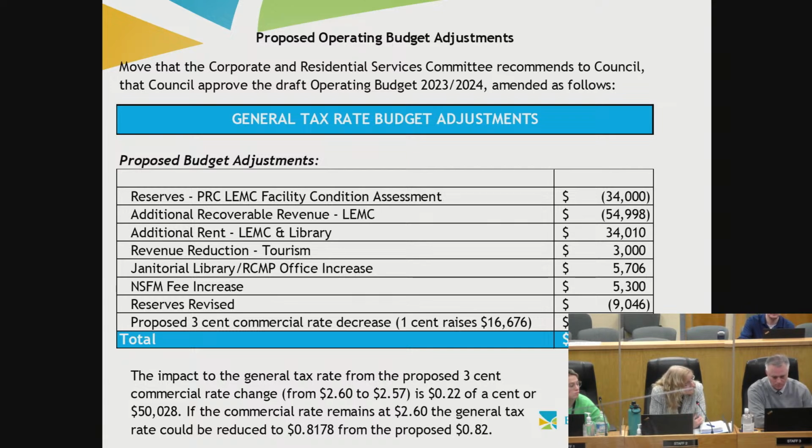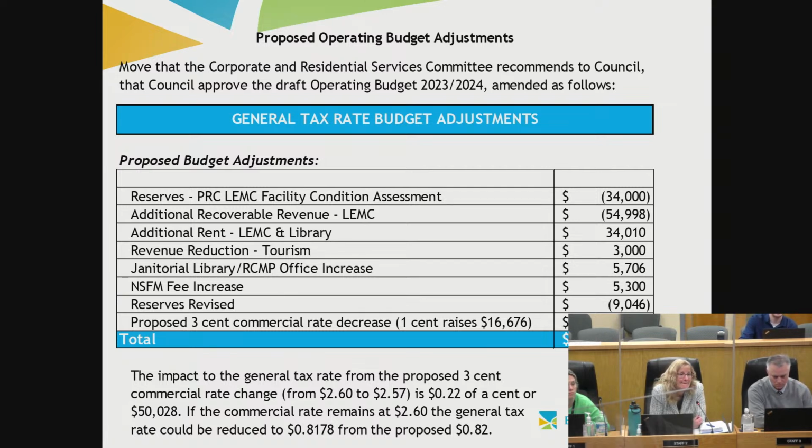I would look to the Director of Corporate Services in comparing the tax rate. I wouldn't know right off how we compare to Halifax or Truro. Yeah, we can pull it together for sure.